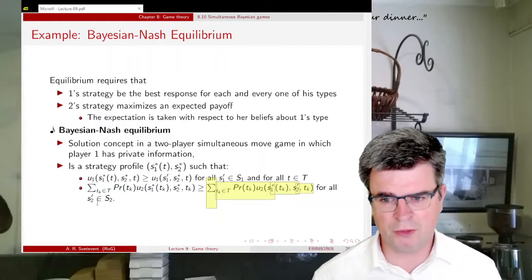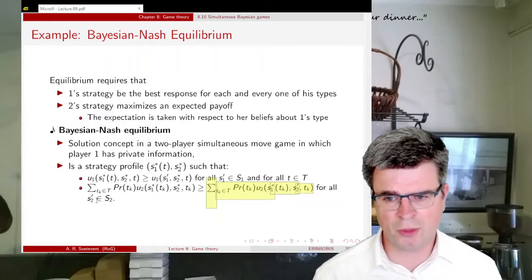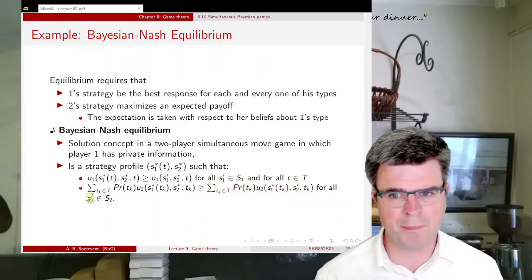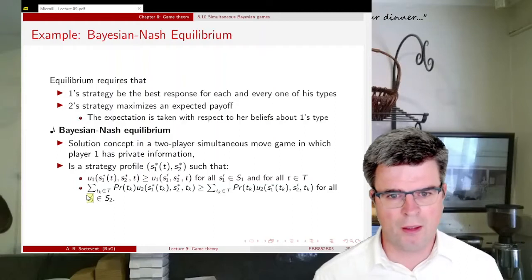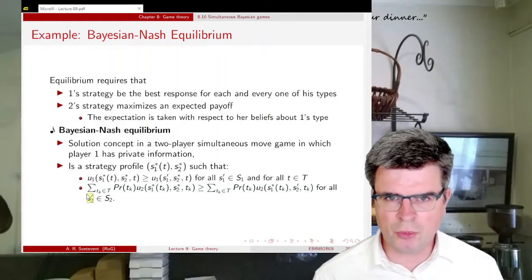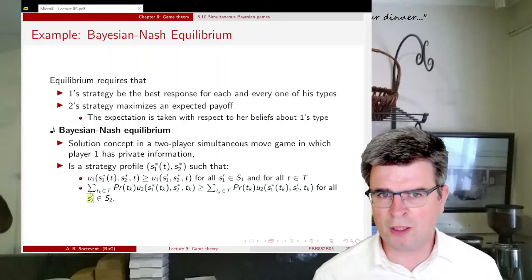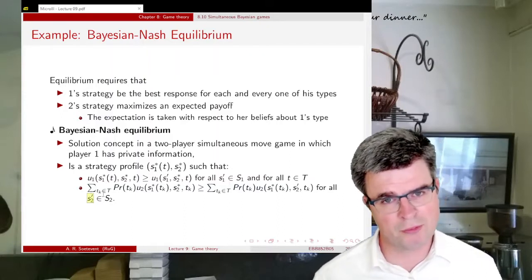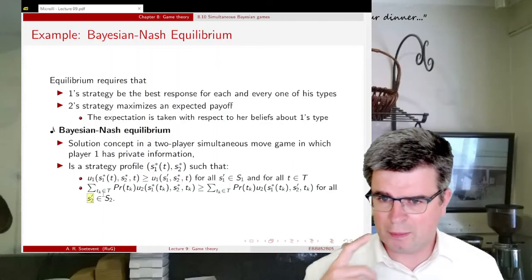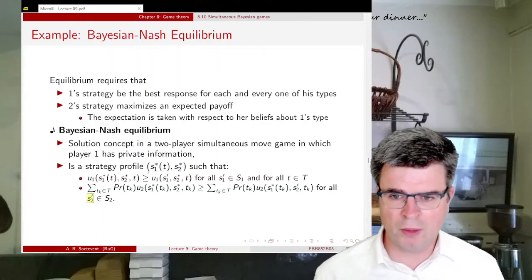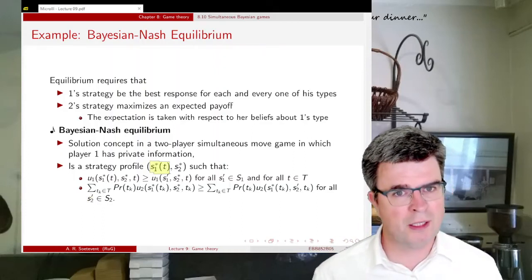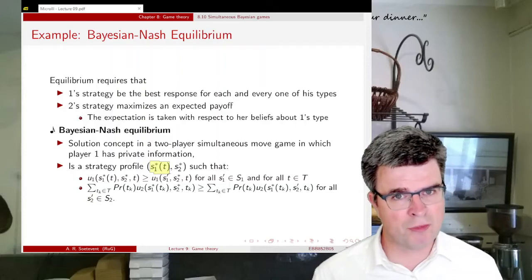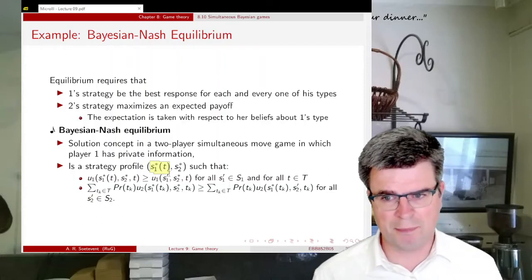These other feasible strategies are denoted as 2 prime. So again, the solution concept is very much in line with the concept that we saw before with the mixed strategy equilibria, except that now one of the players has private information about his type.